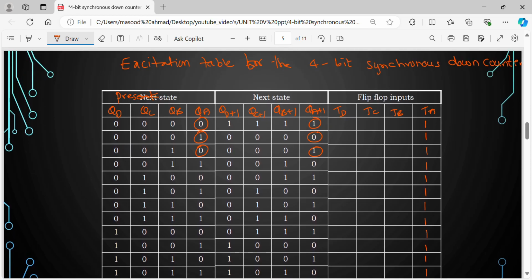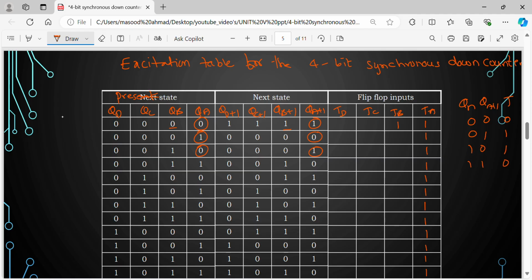For that, what I need to do is compare. So we will make a comparison here. This is 0 and this is 1, so what we'll get is 1. As we know, for Qn and Qn plus 1 and T: 0 0 is 0, 0 1 is 1, 1 0 is 1, 1 1 is 0.